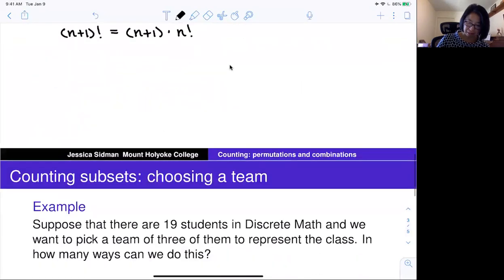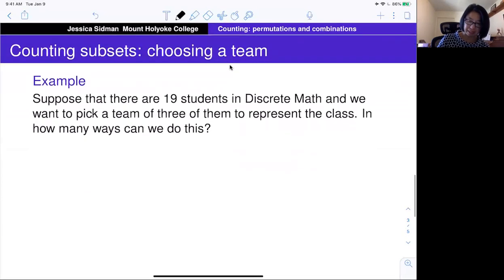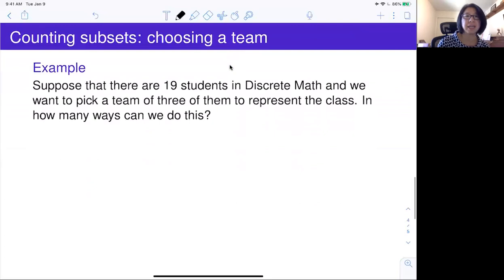All right. So let's see how we can use factorials in an example, say where we're trying to choose a team. Suppose we have 19 students in discrete math, and we want to pick a team of 3 of them to represent our class in some kind of, maybe, a discrete math contest. In how many ways can we do this? Okay, so we have 3 choices to make, and we have 19 students total.